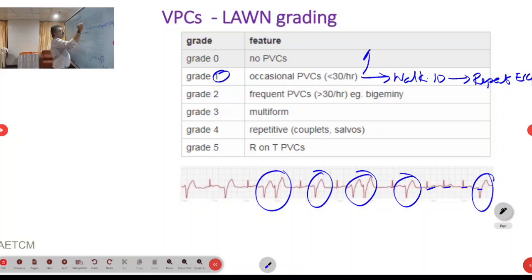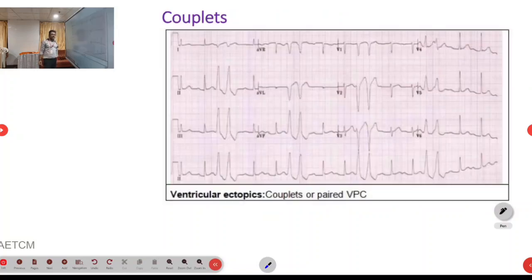If it is a normal physiological ectopic, the number will decrease. If the patient has significant symptoms because of the ectopic, or the numbers are increasing, then we need to admit the patient and evaluate. Otherwise, these are due to various electrolyte imbalances or normal physiological changes.